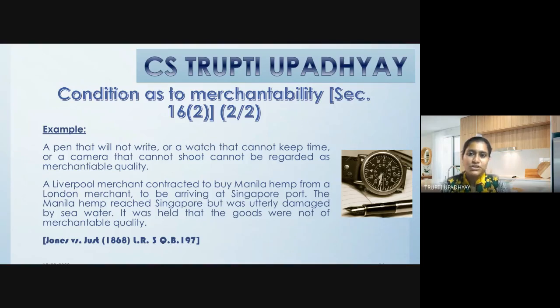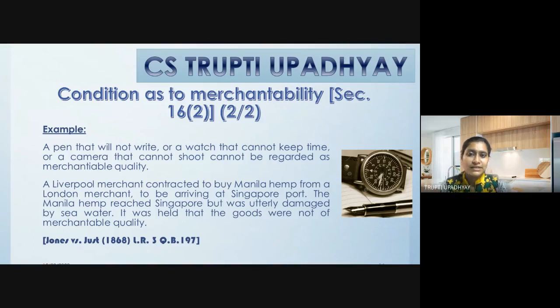The hemp reached the Singapore port, the destination. When it reached the Singapore port, the hemp was utterly damaged by seawater. In the hemp's container, the seawater seeped in, and obviously the seawater is salty, so that's why the hemp got spoiled or rotten.